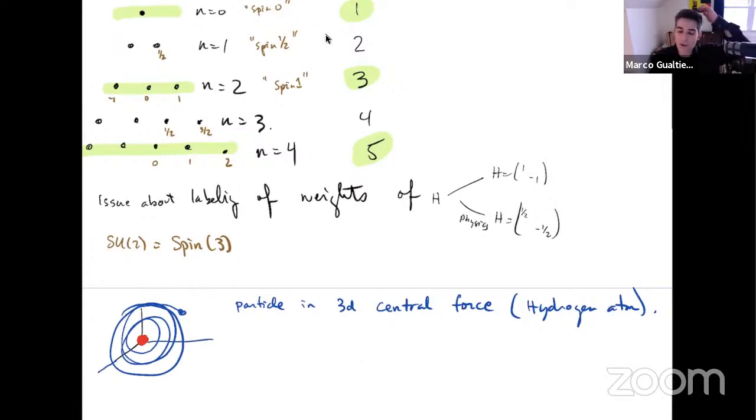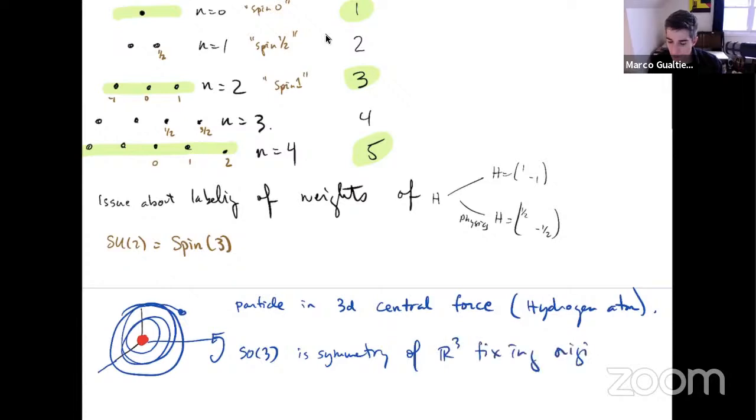Okay, so what's the point about this is that whatever the state of this particle is, whatever the vector space is in which that state is living, what is clear is that there is an SO3 action. There's an SO3 representation on that state space, because SO3 is a symmetry group of R3 fixing the origin, right?